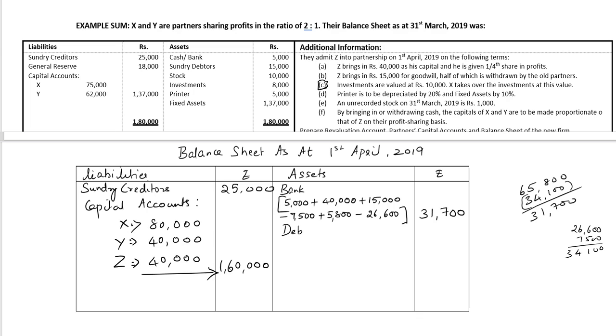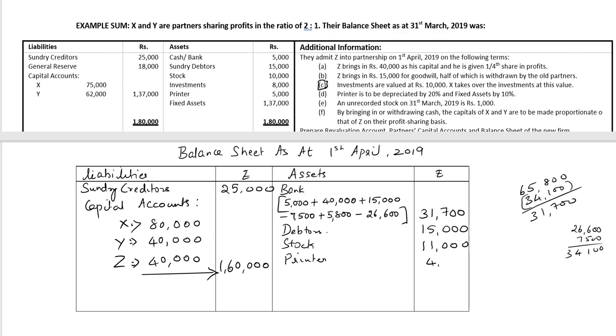Debtors, there is no change in the value, 15,000 rupees. Stock, we need to add the unrecorded stock of rupees 1,000 to the existing balance. So now it's 11,000 rupees. The investments has been taken over by partner X. Printer, depreciated by 20% or rupees 1,000.